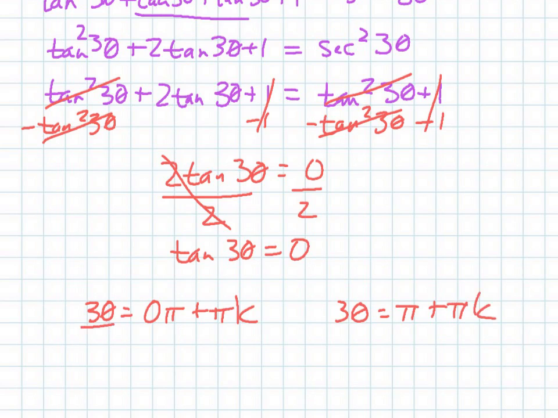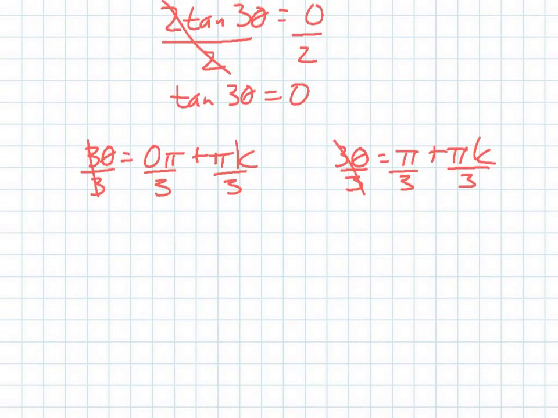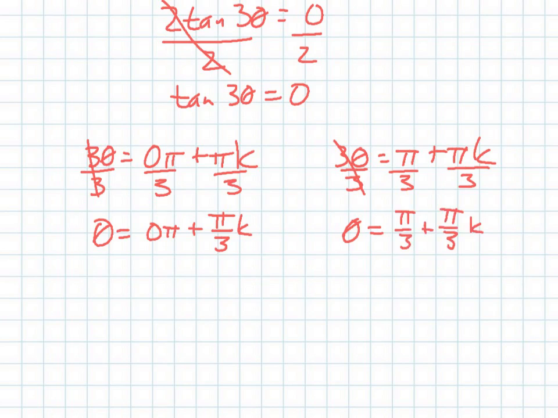I want to get the theta by itself, so I want to divide everything by 3. So those 3's reduce away, and theta is 0 plus pi over 3 times k, and theta is also equal to pi over 3 plus pi over 3 times k.